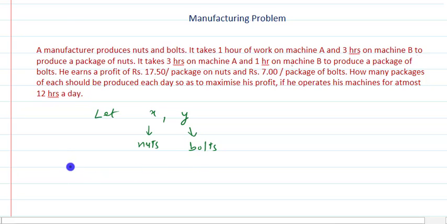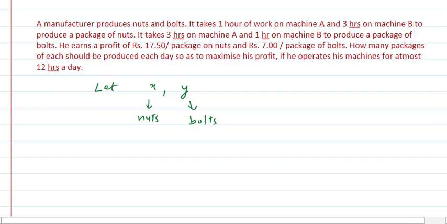So to simplify the question, or to make the constraints, let us make a table. On one side let us take machine A and machine B, and on another side let us take nuts and bolts. It is given that it takes 1 hour of work on machine A and 3 hours on machine B to produce a package of nuts.